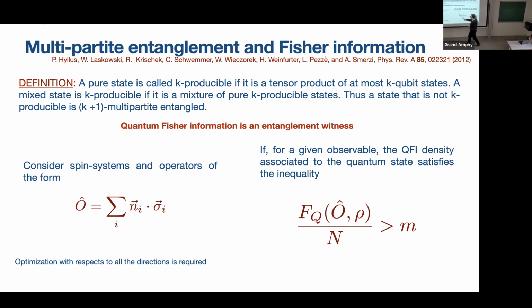So by using single-site observables, it is possible to quantify how much entanglement, and what type of entanglement, is present in the system.